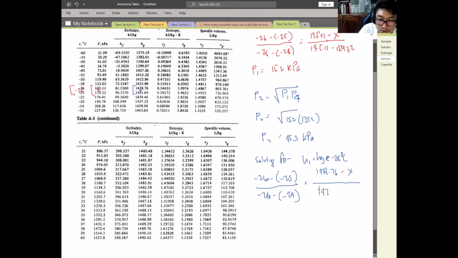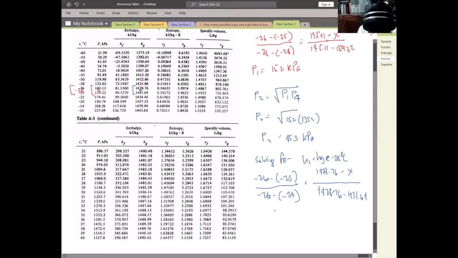That is 1428.76. Katapat ni negative 24 is 1431.64. Just solve by using your calculator para mabilis po tayo. So our H1 is 1430, okay? 1430 kilojoule per kilogram. So, paano malaman?